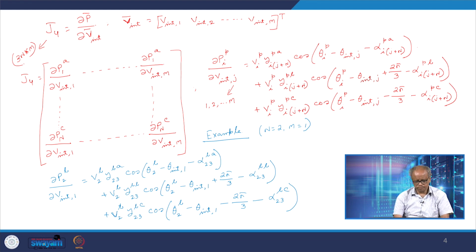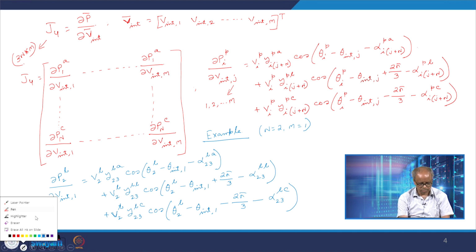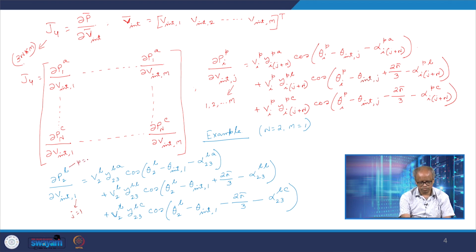So you see, when V internal 1 means j is equal to 1. Please note that P is equal to B and I is equal to 2, right.